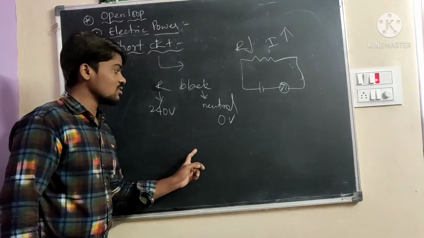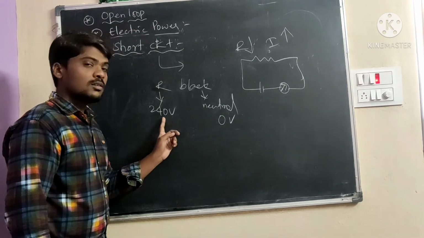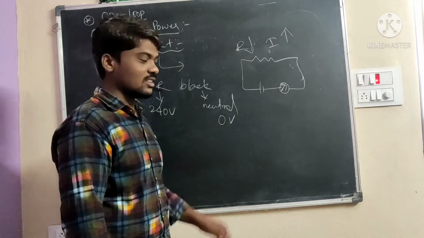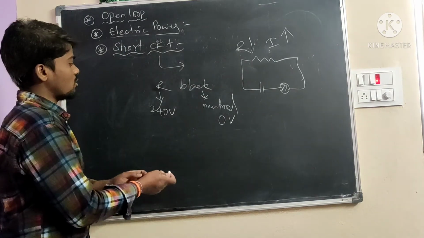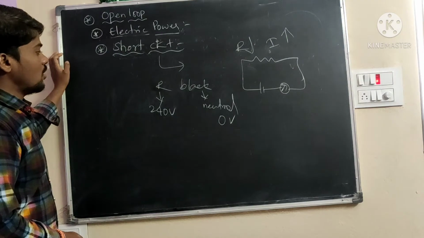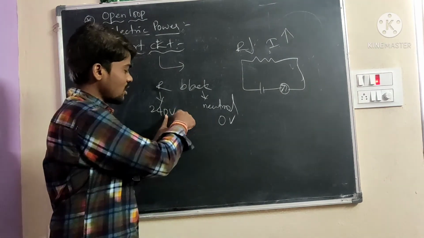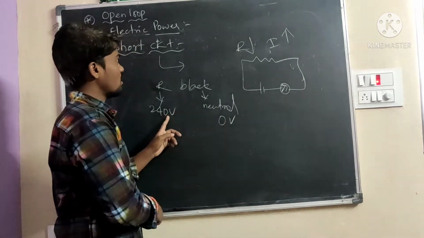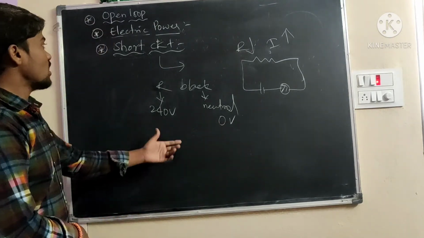The two wires are connected to the bulb, and current moves from high potential to low potential. If I touch the 240 volt wire, the current passes through to the ground. This is the household short circuit.